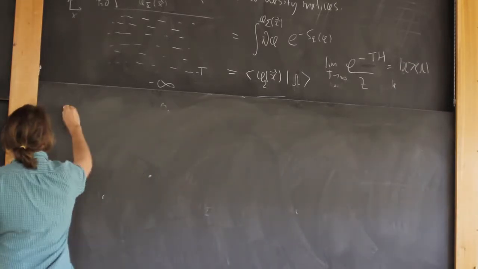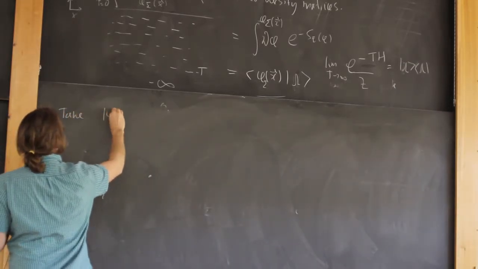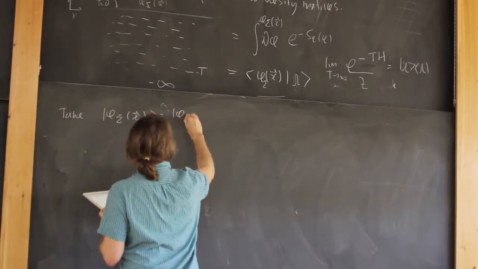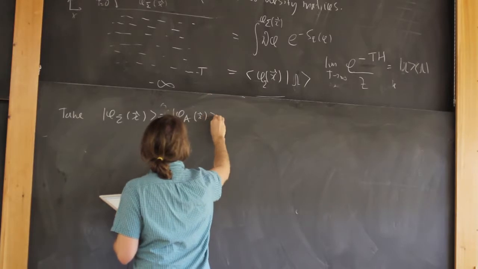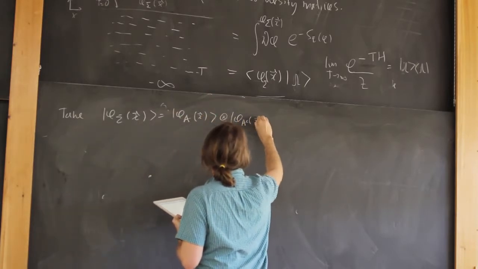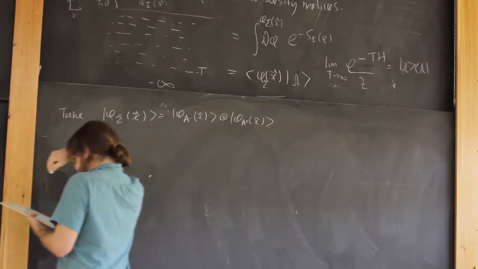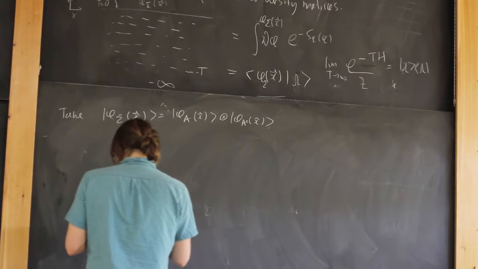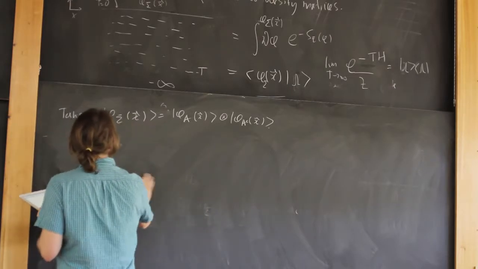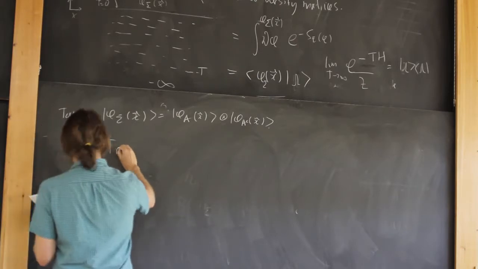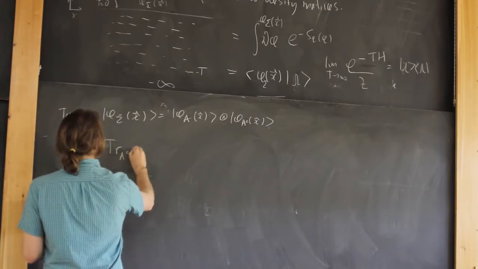So take something like some phi_A ⊗ phi_A complement. And then I want to compute, using the path integral, matrix elements of the reduced density matrix for the vacuum.